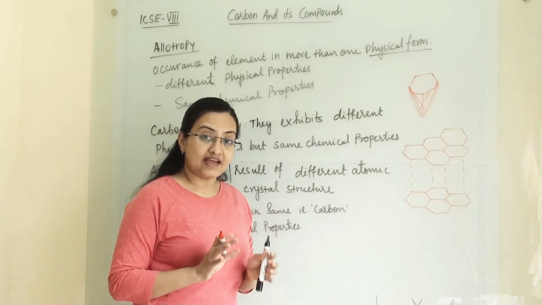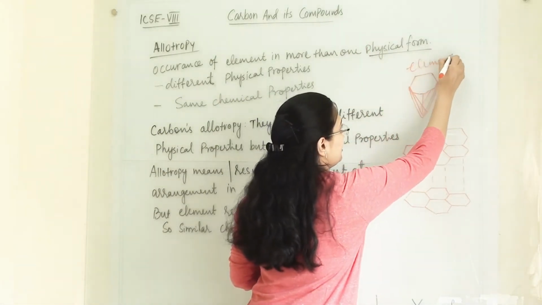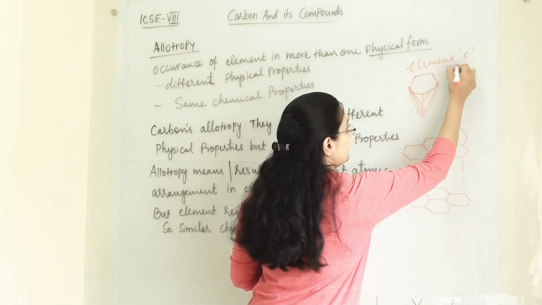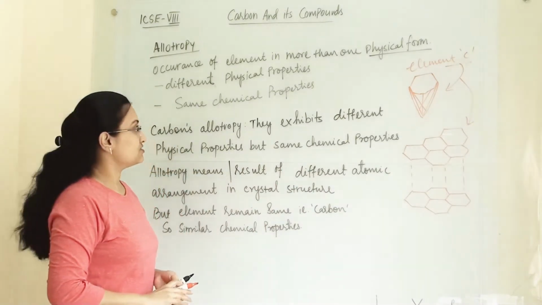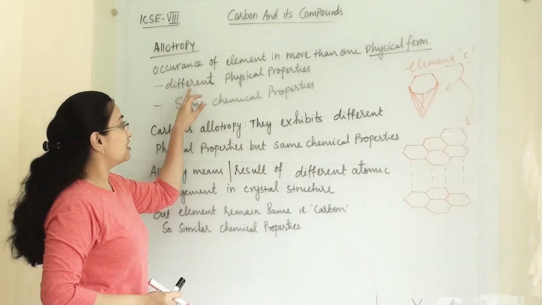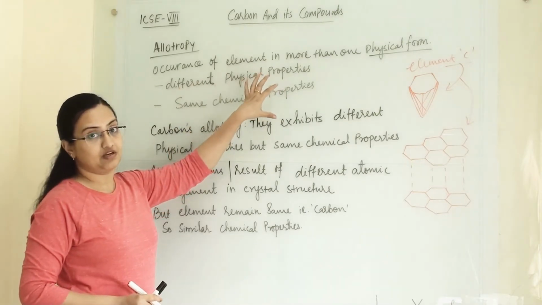So our element remains the same, that is carbon, in both diamond and graphite structures. But they will show different physical properties, but the same chemical properties.